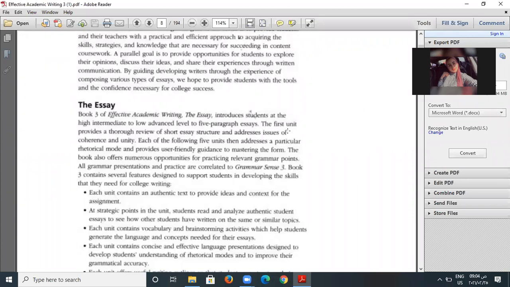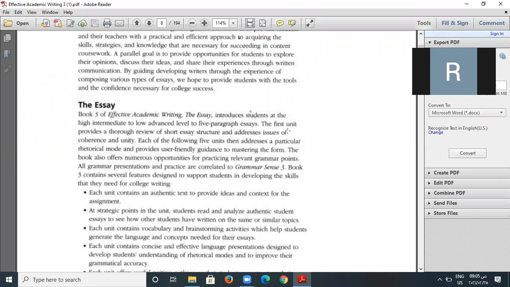The essay will make students abreast at writing a 5 paragraph essay. The first unit or the first chapter of this book provides a thorough review of short essay structure and addresses issues of coherence and unity.